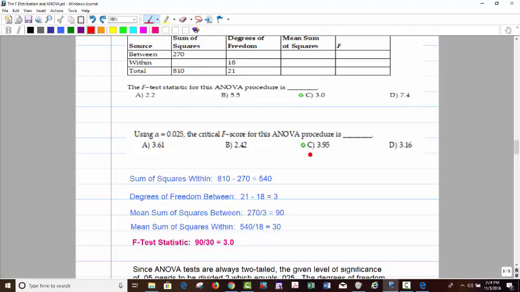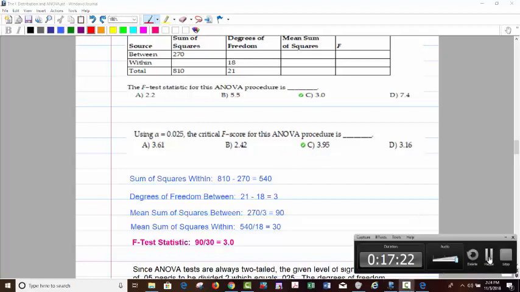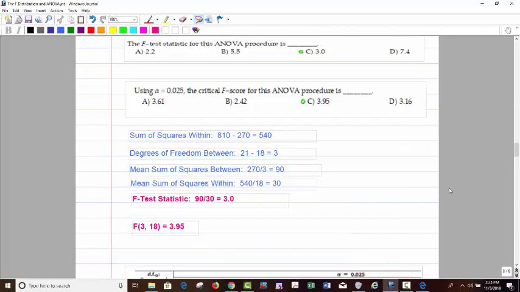But let's see what the critical value would be for this. Pause for a second. So let's get the critical value then. We now know the numerator degrees of freedom is 3. The denominator is 18.